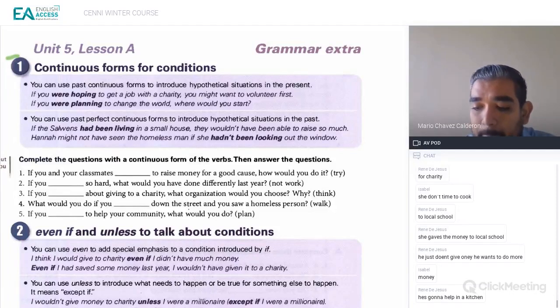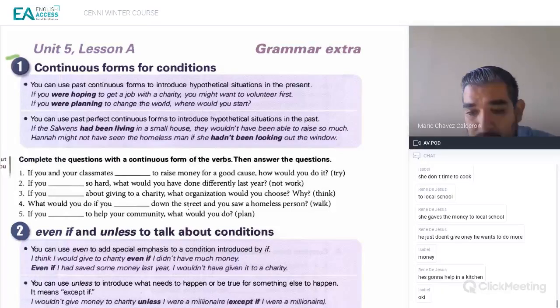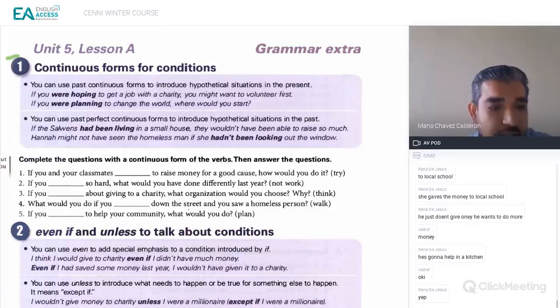Is it okay? Thank you, Isabel. Thank you, Renee. Okay, so for homework, you need to complete these sentences with continuous forms. If it is in the present, use past continuous. If it is about the past, use past perfect continuous. Okay?